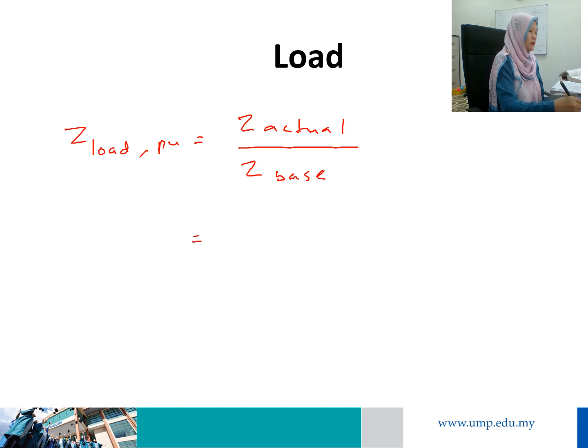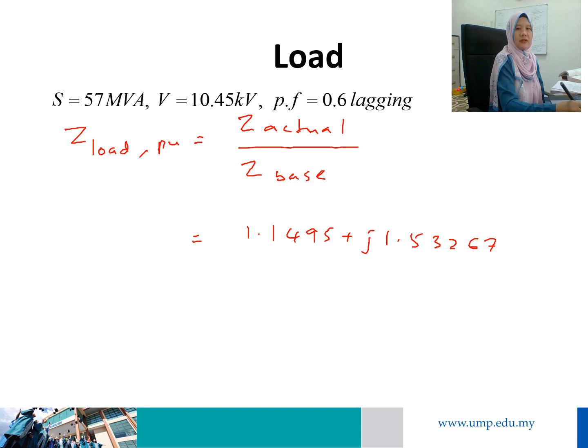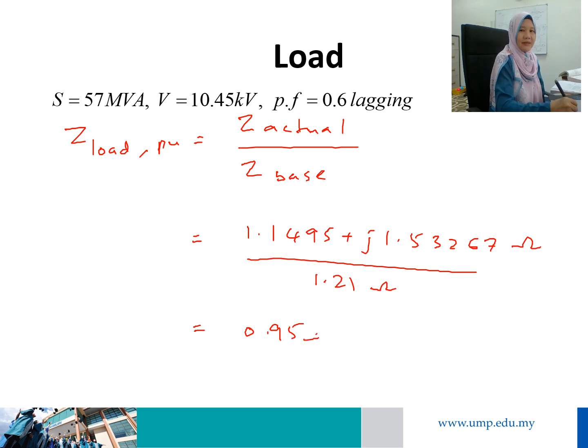So the actual load is 1.1495 plus j1.53267 ohm divided by the base value at region number 4, which is 1.21 ohm. And this is equal to 0.95 plus j1.2667 pu.